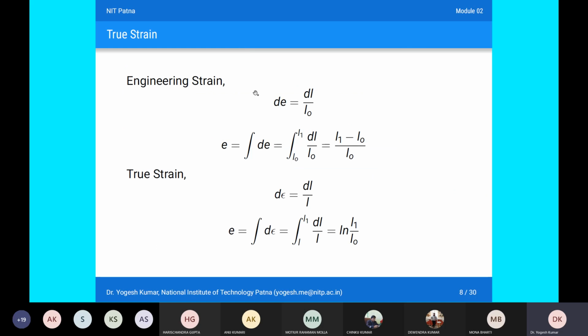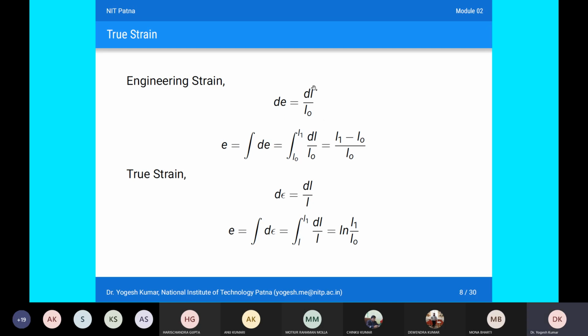In calculating engineering strain, we are computing for a small strip DL over LO. It is computed against the original length of your metal strip. So for any small elongation or change in length, it may be written as de equal to DL over LO.